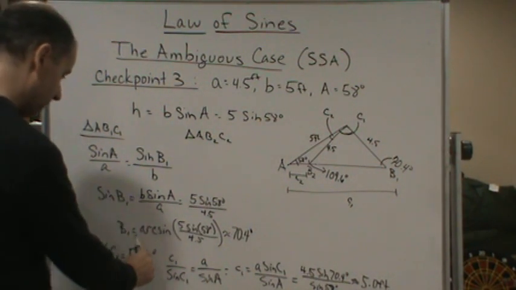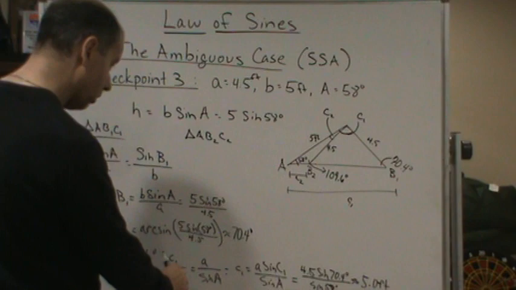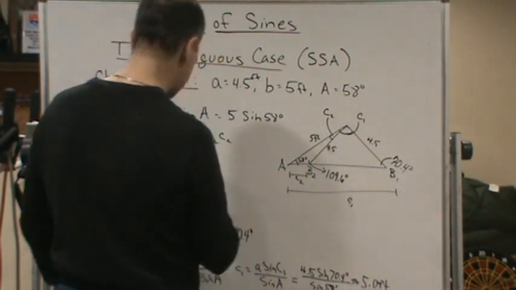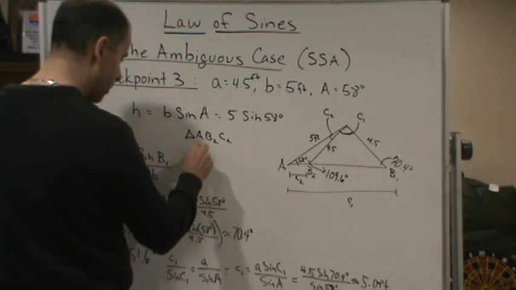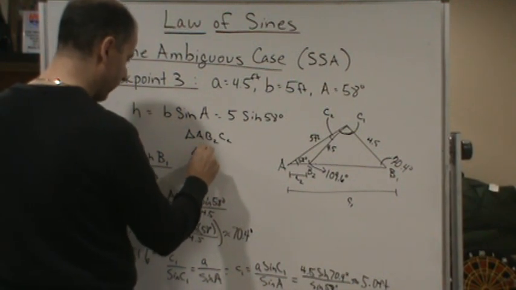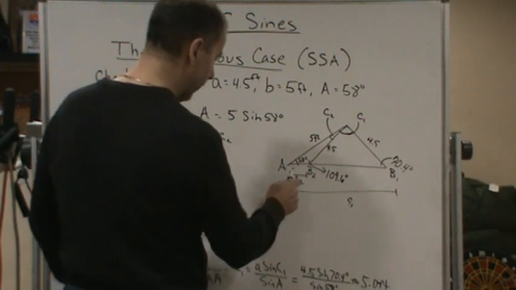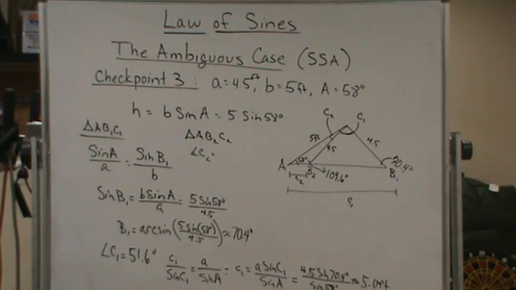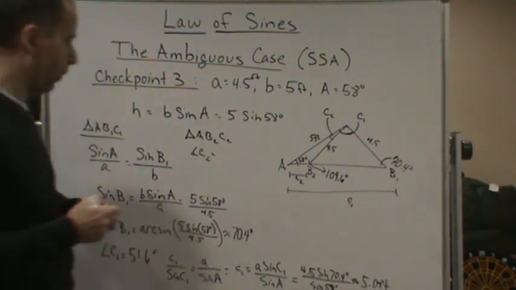B2 is equal to 109.6, which means angle C2, which we didn't figure out, is going to be what? Again, we're just going to subtract the other angles from 180. So it's 180 minus 109.6 minus 58, and that one's going to be 12.4.